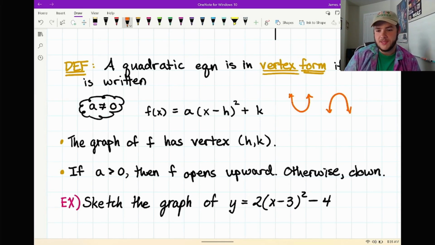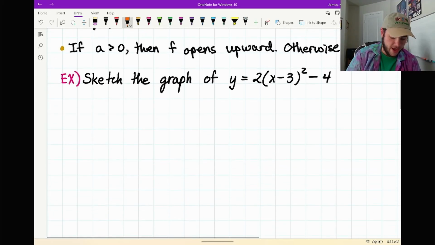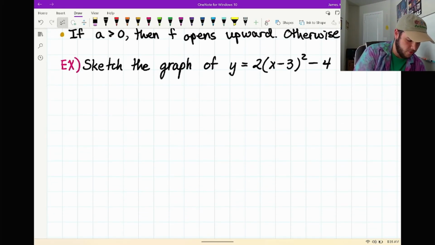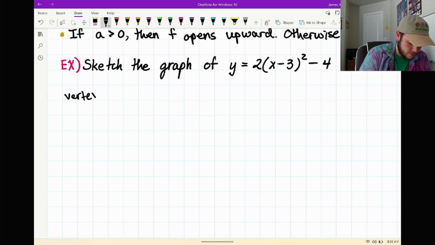So let's use these tricks to sketch the graph of this guy. Notice this is already written in vertex form for us. So first of all, we need to find the vertex. We know that the vertex is at h comma k.